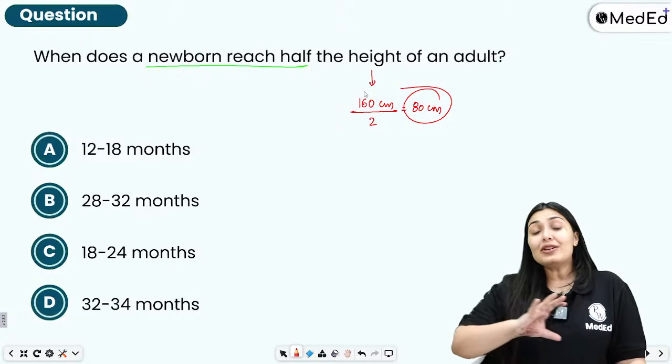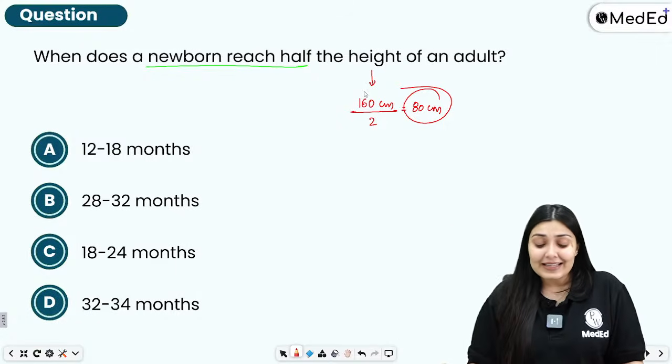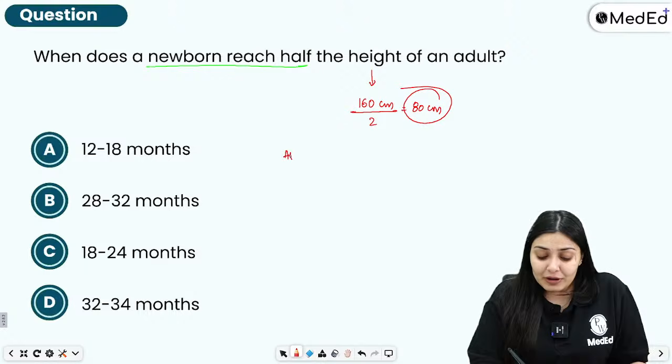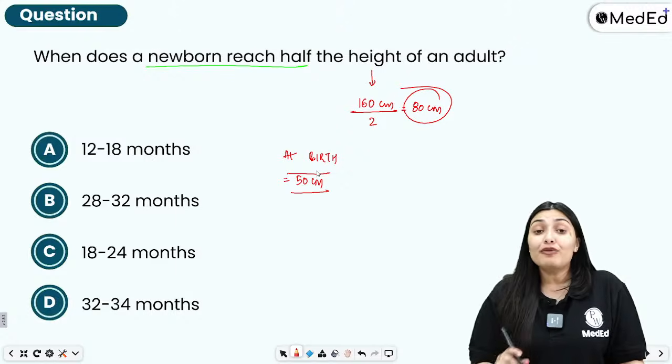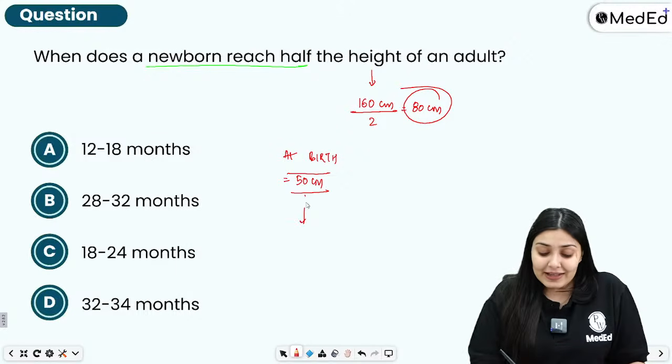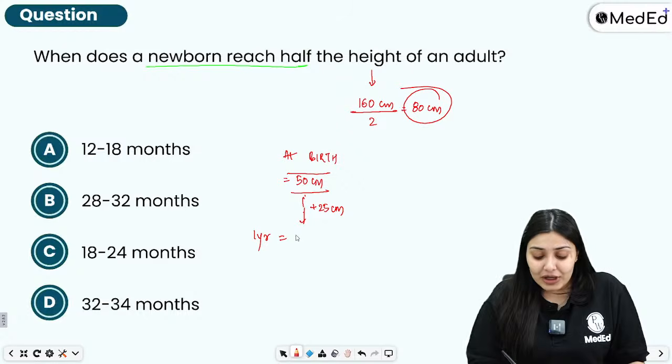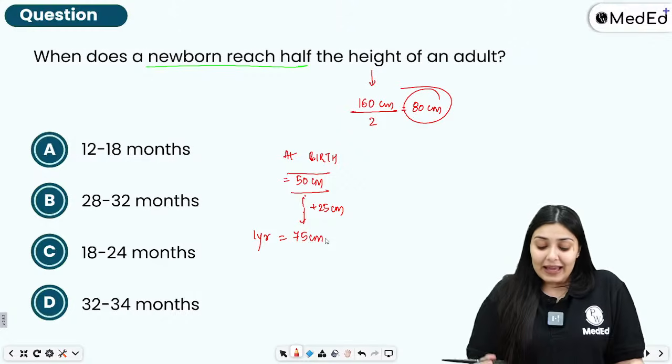If you take the normal height increase trend, at birth the average length is 50 centimeters. In the first year of life, there is a gain of 25 centimeters, so by the end of 1 year the length of the child is 75 centimeters.